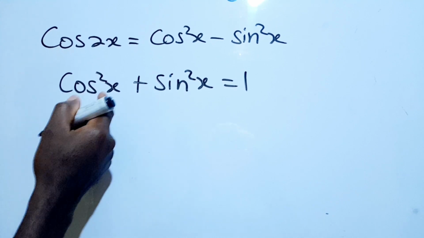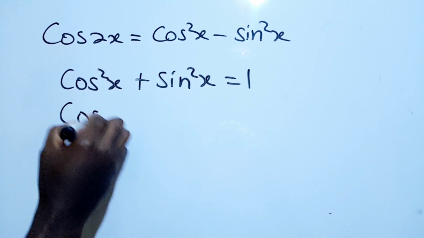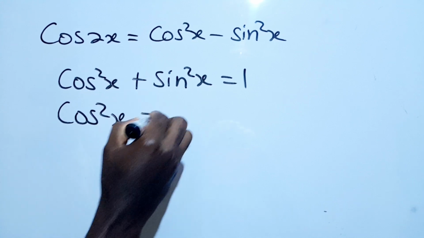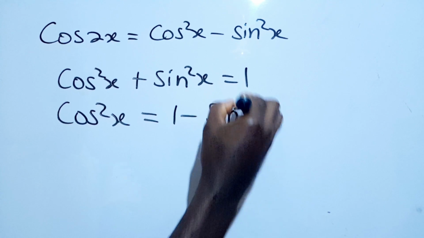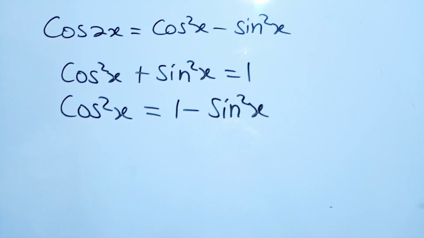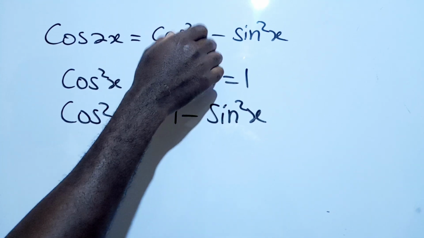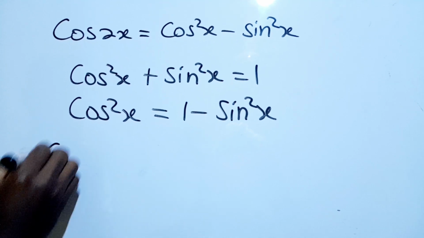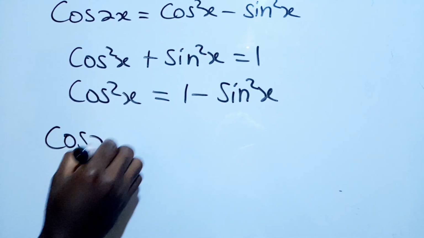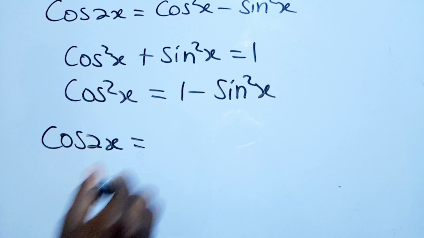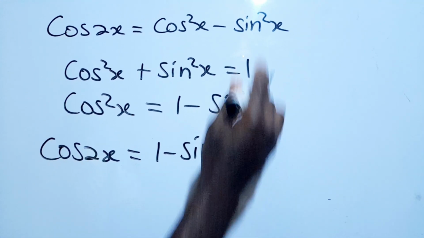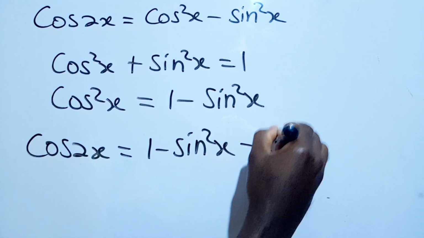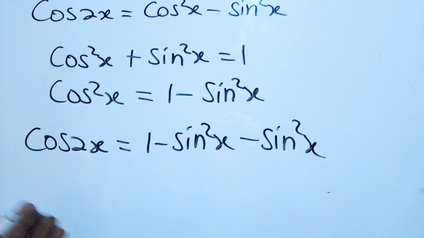So making cos square x the subject, you can say cos square x is equal to 1 minus sine square x. So now we can substitute this in place of cos square x and say that our cos 2x is equal to 1 minus sine square x, then minus sine square x.